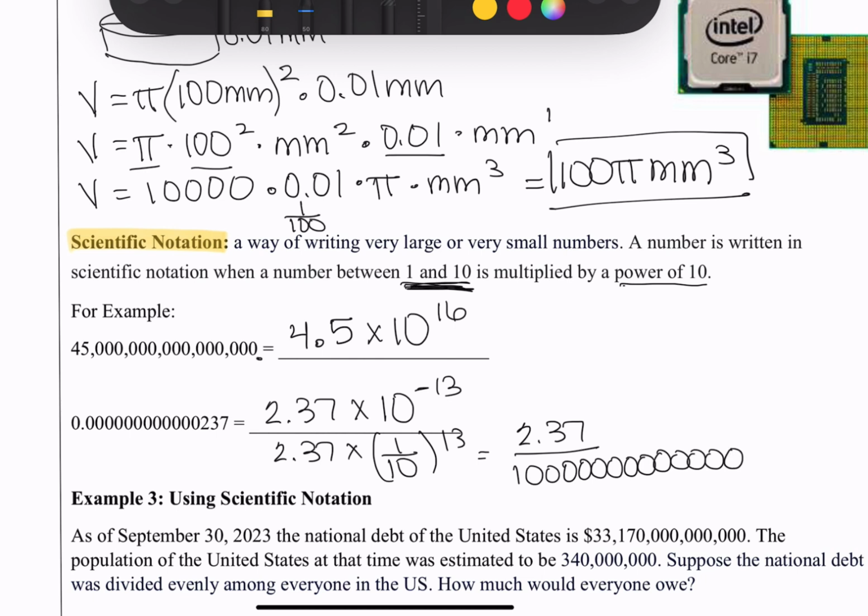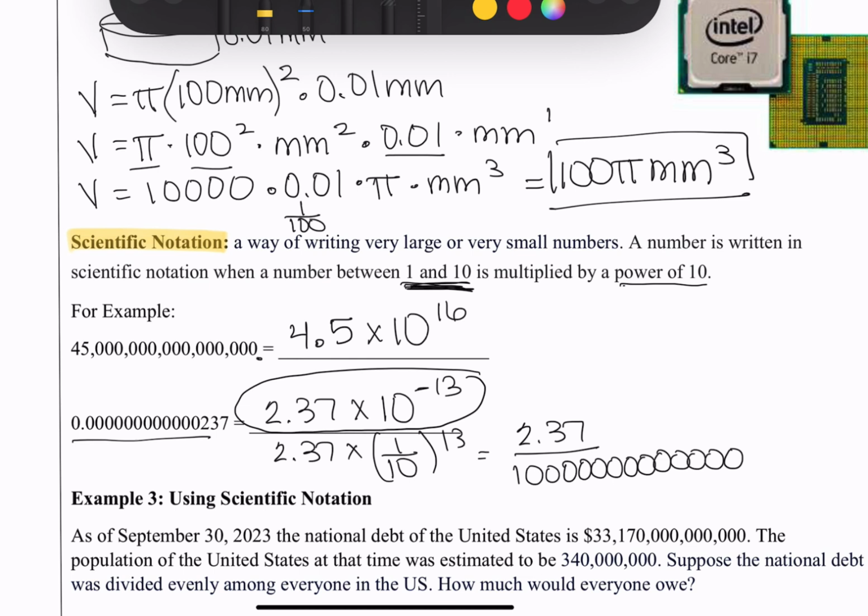And wouldn't you agree that if I took 2.37 and divided it by something with 13 zeros, I would then need to move my decimal backwards 13 times to get back to this original number. So written in scientific notation, really simple. This is your final answer, and the other parts are just me showing you why that's your final answer.